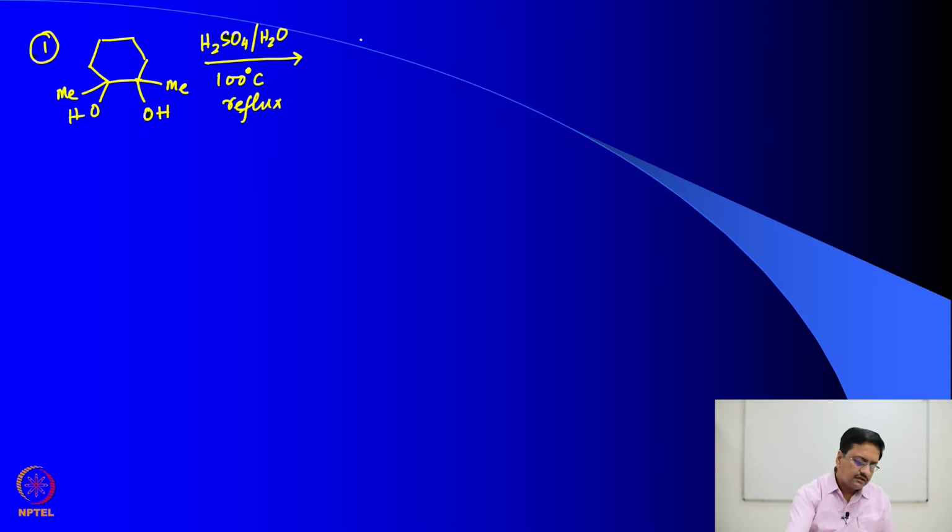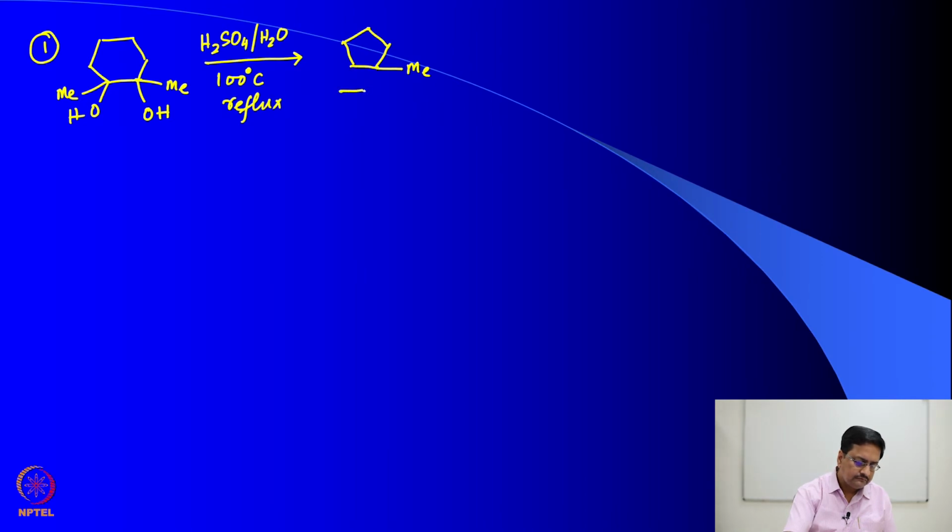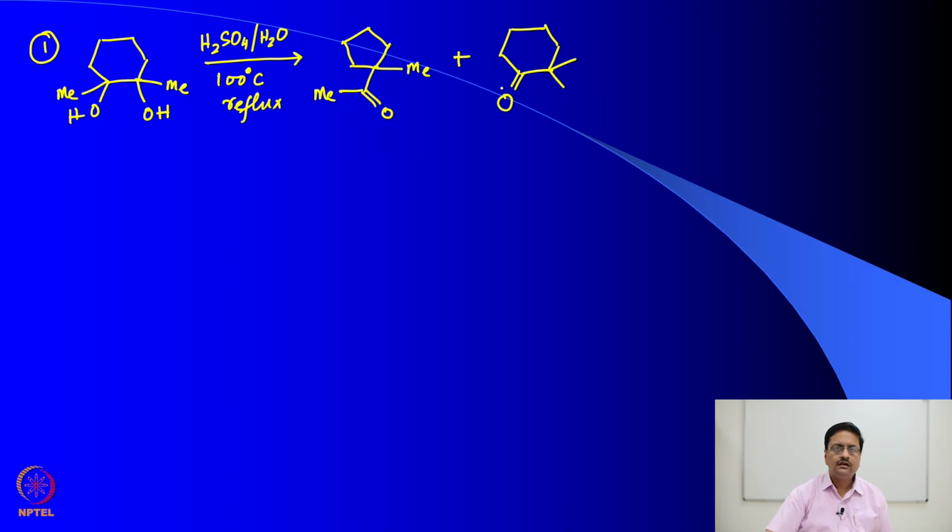What we see are two different products that are formed in this reaction. This is one product and the other product is this one. So, one may ask how this reaction takes place to give you these two different types of products.